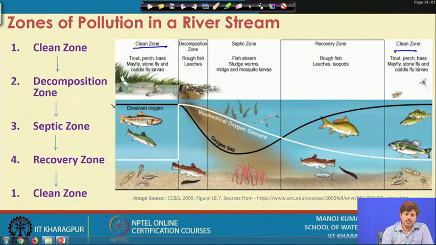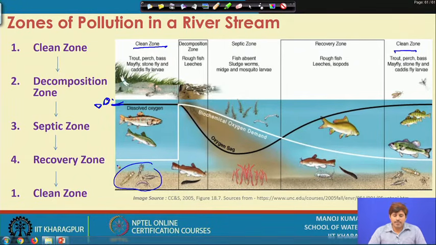The black line you see is the dissolved oxygen level, near its saturation value. There are fishes, aquatic organisms, and some smaller creatures at the bed or bottom. That kind of condition is there.